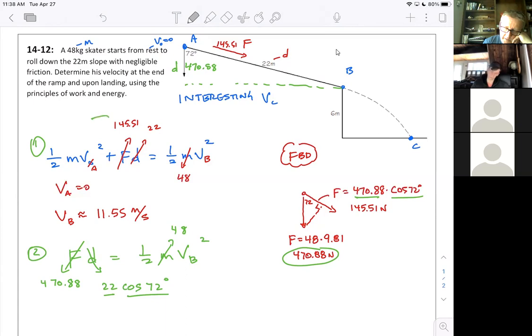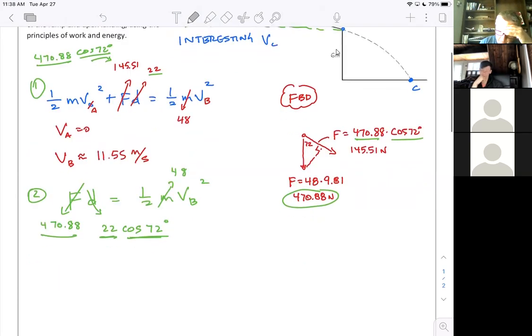So just rewriting this up here, in the end we had 470.88 times the cosine of 72 times 22. Isn't that exactly the same thing we have down here? So the important thing to take away from this is the force and the distance have to be going the same direction. You got to be pushing that object in the same direction for this to work. And so we're going to get the same exact answer then.